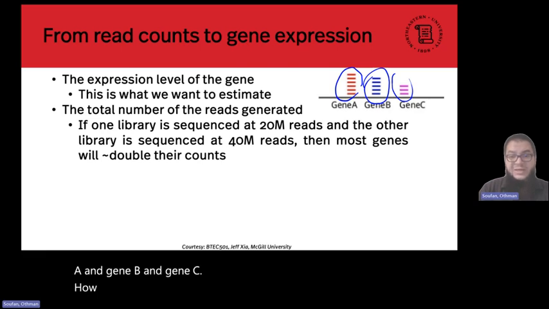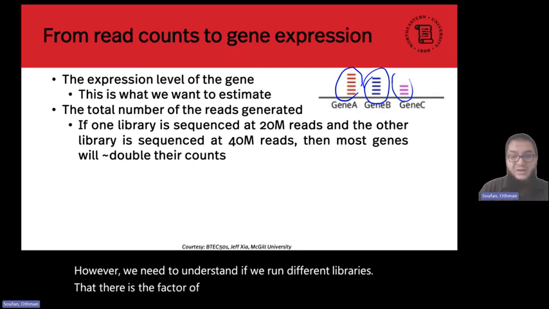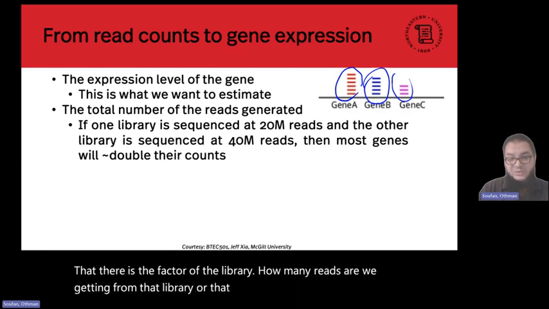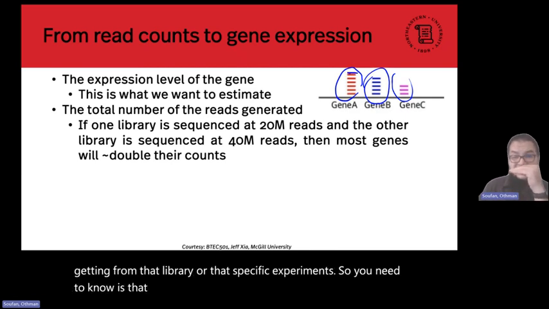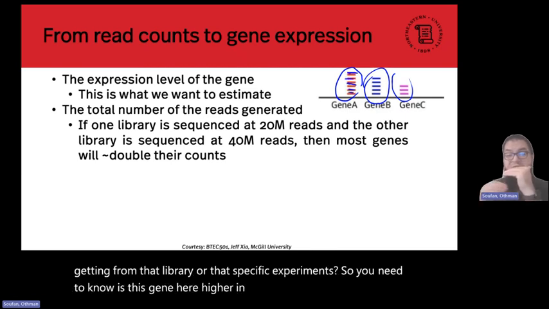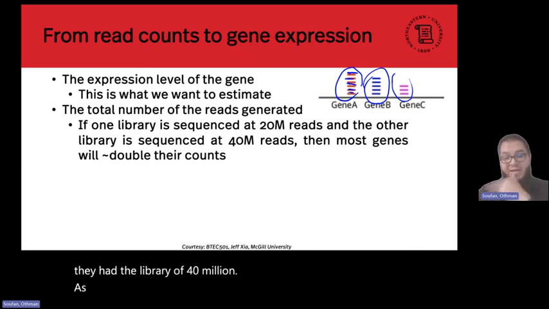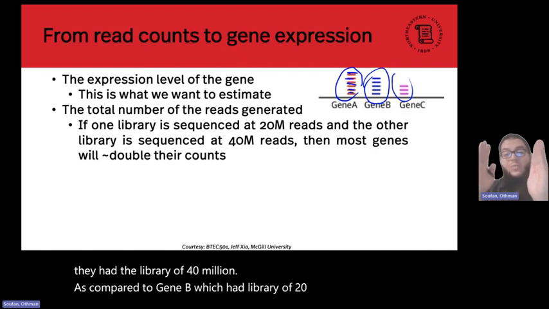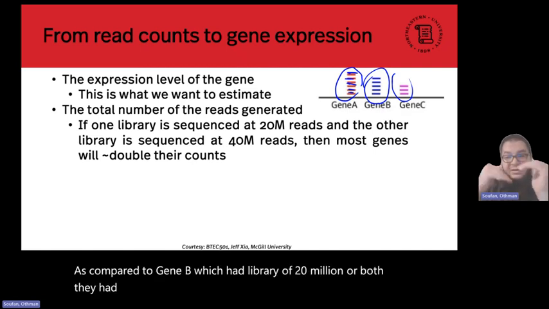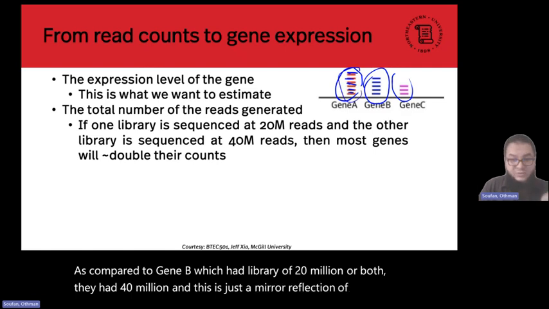However, we need to understand that if we run different libraries, there is the factor of the library. How many reads are we getting from that library or that specific experiment? You need to know: is this gene higher in terms of numbers because I had a library of 40 million, as compared to gene B, which had a library of 20 million, or did both have 40 million? This is just a mere reflection of that expression.